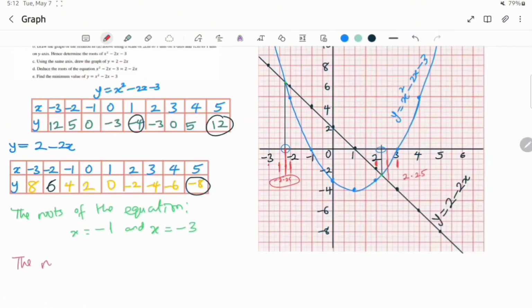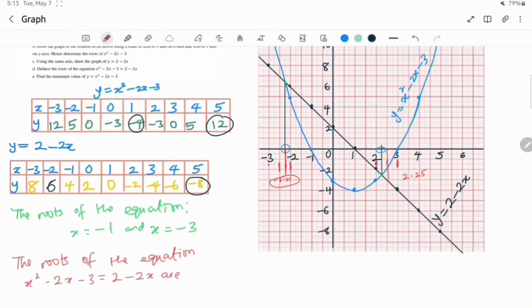The root of the equation x squared minus 2x minus 3 equals 2 minus 2x, which we found, and I mentioned that it is the point of intersection of the quadratic and linear graph.